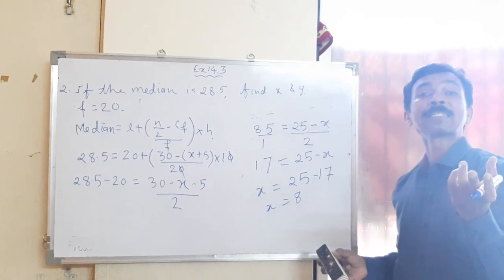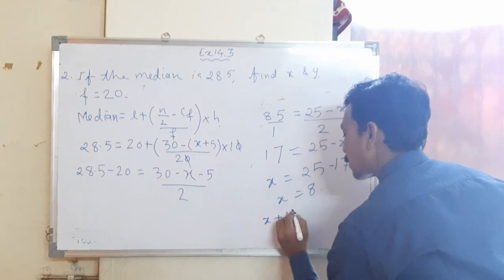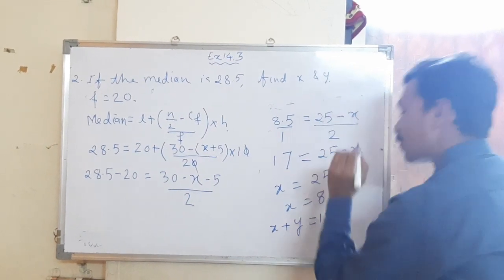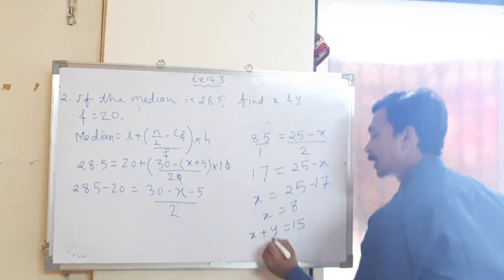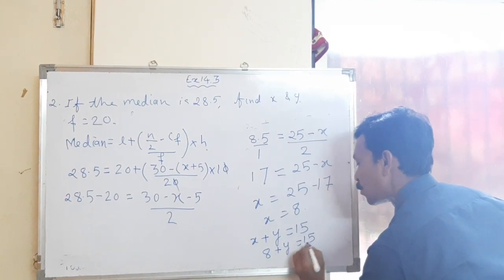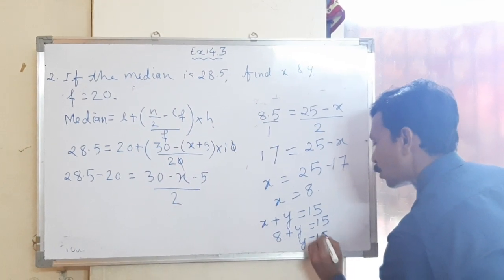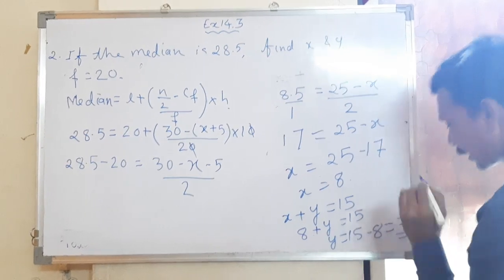I will take the previous equation: x plus y is equal to 15. I have written it in the beginning only. Value of x is 8, plus y is equal to 15. y is equal to 15 minus 8, which is 7.